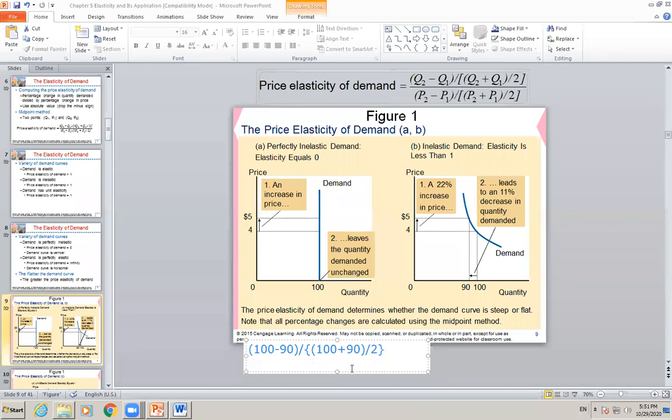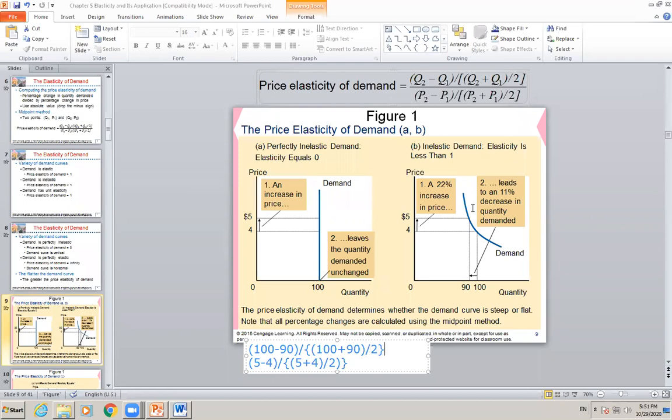But this all should be divided by another formula, which is 5 minus 4 divided by 5 plus 4, all divided by 2.